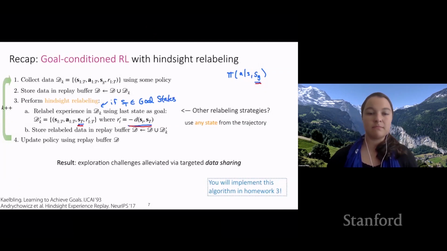This could be a very reasonable way to approach things. One reason where it may make sense to relabel with any possible state is that it may help the model learn about general ways to reach states.